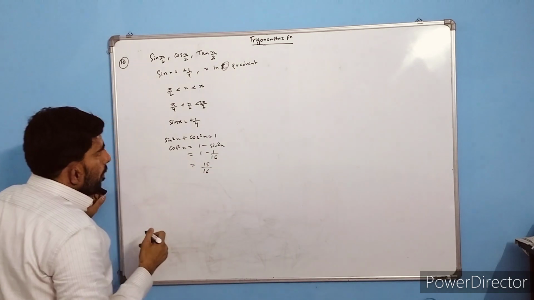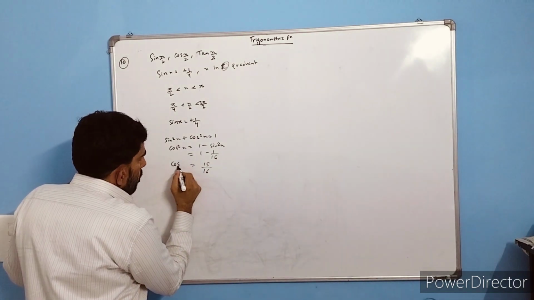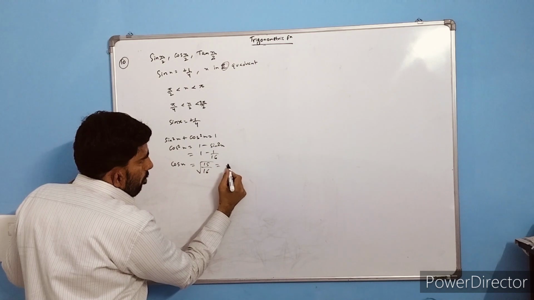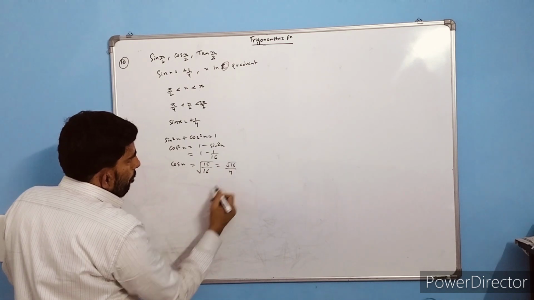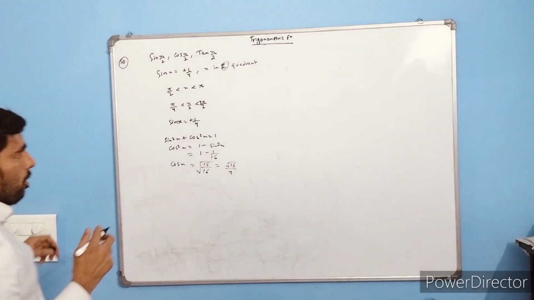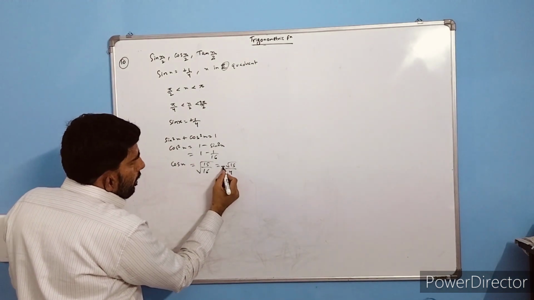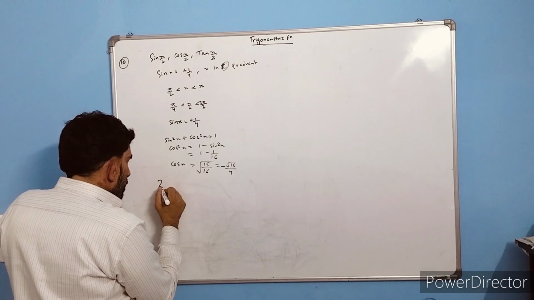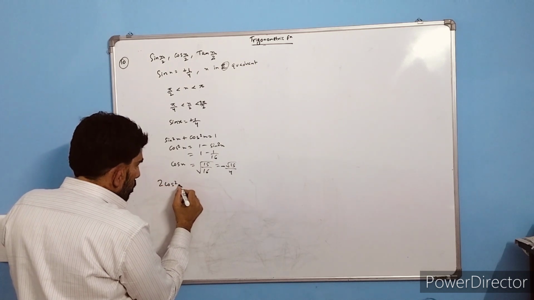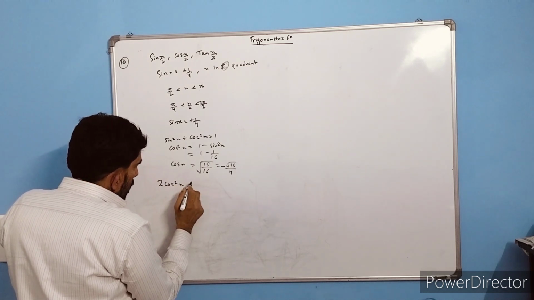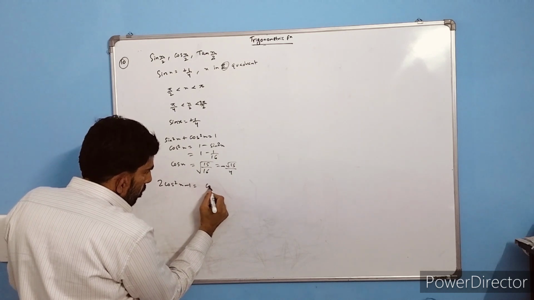So cos x will be root 15 upon 4. Now cos x is in the second quadrant, so it will be negative. Now we'll use 2 cos square x minus 1 is equal to cos 2x.